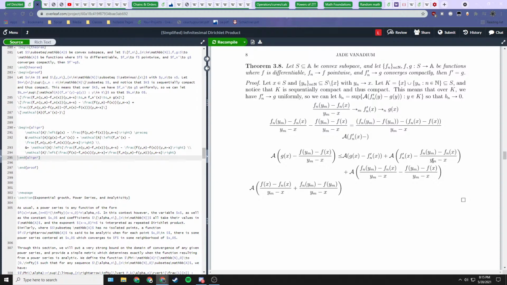And we do know that for each fixed n, this will tend to 0 with m. And over here, this will tend to 0 with n.